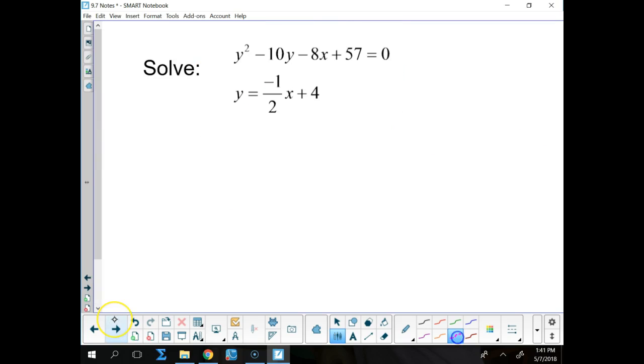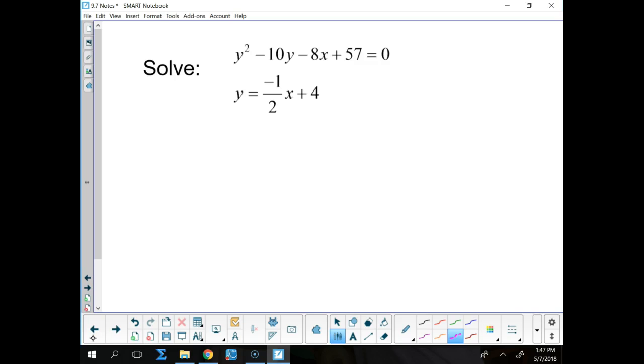No? I will give you a hint prior to this one. Sometimes you might have to think outside the box. So if I leave this as is, because it's already solved for y, I'm going to have to put a fraction back into an equation how many times?